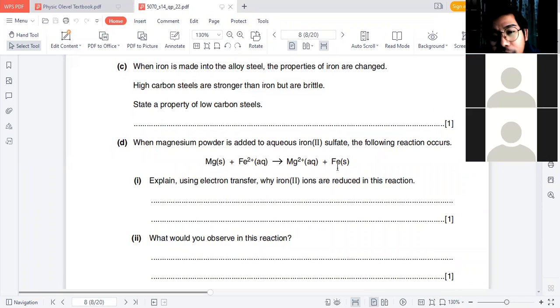Again, in this case, magnesium powder is added to aqueous iron(II) sulfate, and the following reaction occurs. You are going to have a solid.